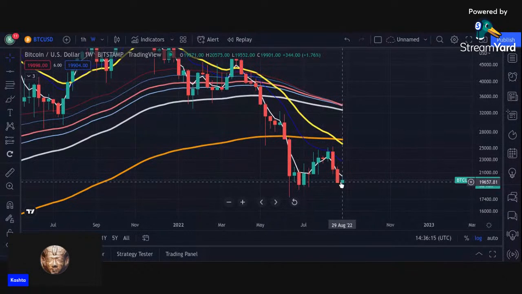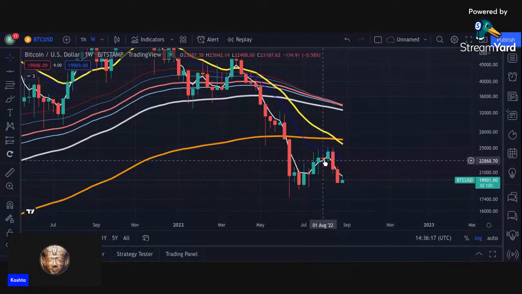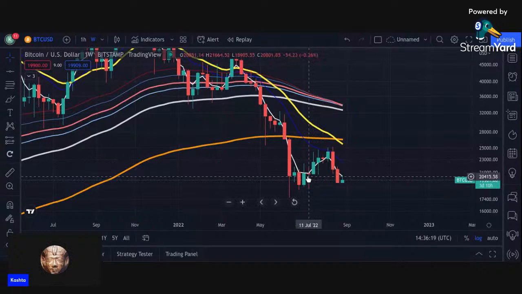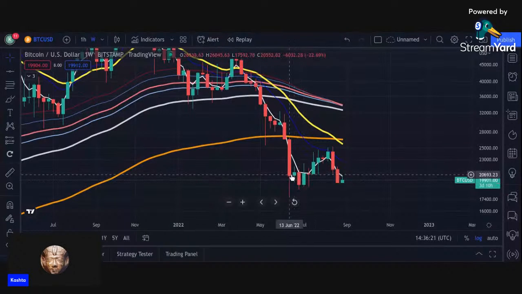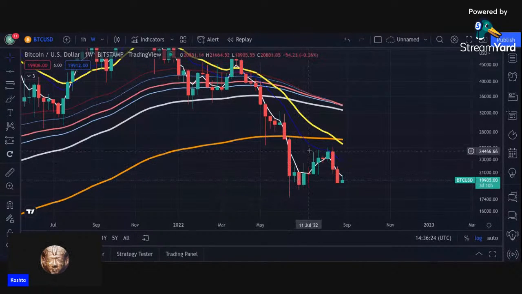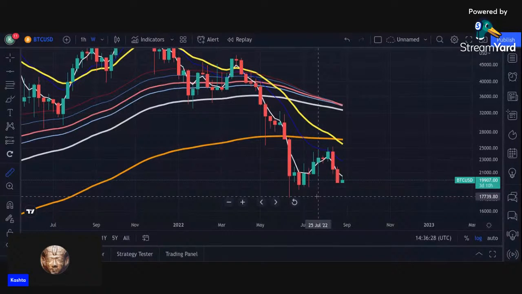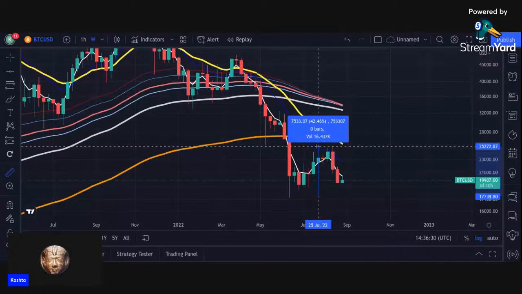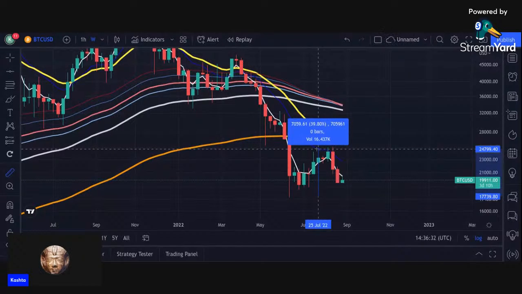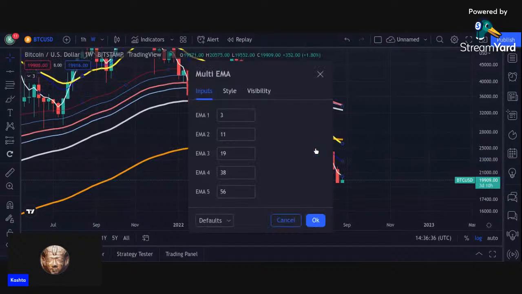So we're talking about 1, 2, 3, 4, 5, 6, 7, 8, 9, 10, 11, about 12 straight weeks that we've been stuck in this little bit of range. If I was to pull that up, let's say bottom there, highest it got was there, 42% is the total range over 12 weeks. That's pretty boring.